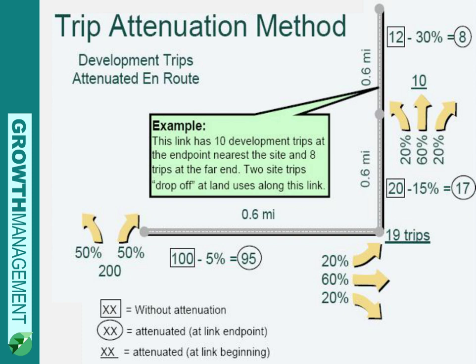You get to this decision point, 20% went this way, 20% that way, and now you only have 10 trips going. If you were not attenuated, you'd have 12. But now that you've dropped a cumulative 30%, you're down to 8. The important thing, however, is that this is one of those decisions that you go through during your initial meeting between the reviewers and the people doing the analysis. This just shows the principle here.